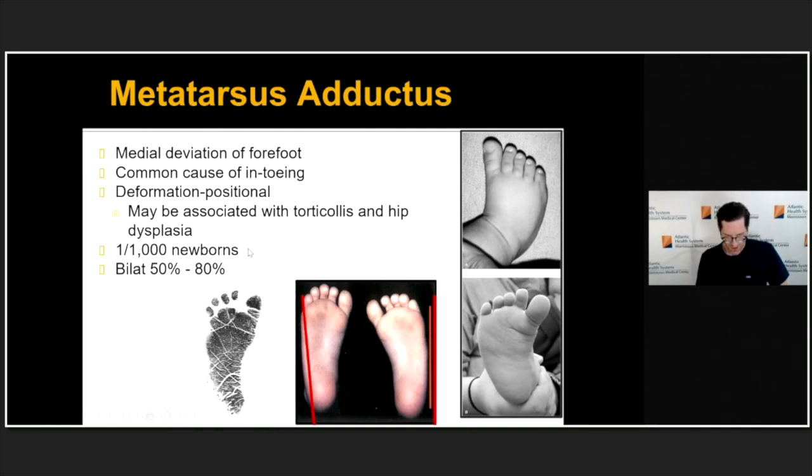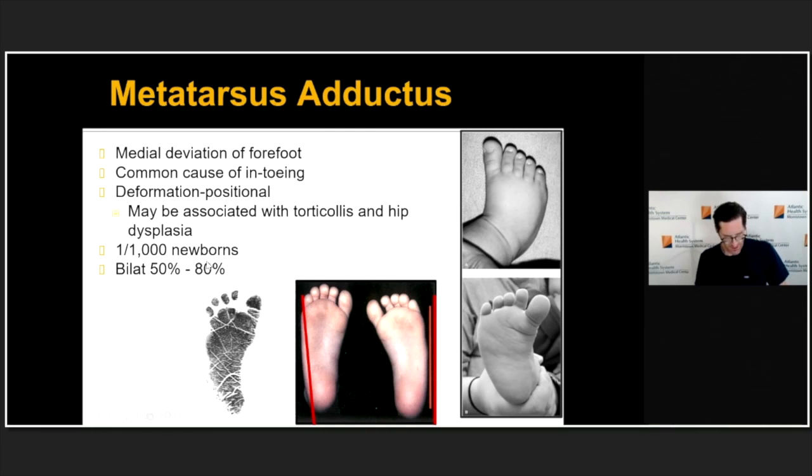This is due to intrauterine positioning in a tight intrauterine space, and it may be associated with torticollis and hip dysplasia. I think if you see an instance like this, they certainly should have a hip clinical examination and possibly an ultrasound as well.